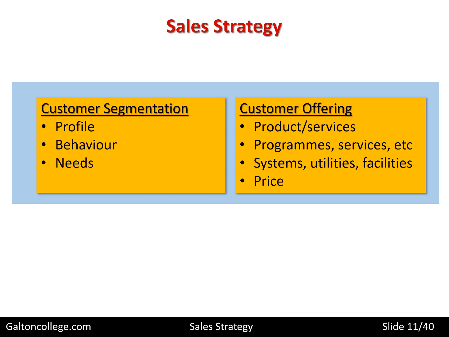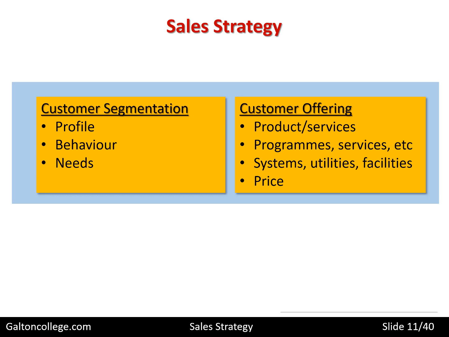Now, the offerings, of course, are the products or services that the company are bringing to the market. This is what's going to be offered to the customers. It could be, of course, programs or services. It doesn't have to be a physical product. It could be a service or an intangible product.